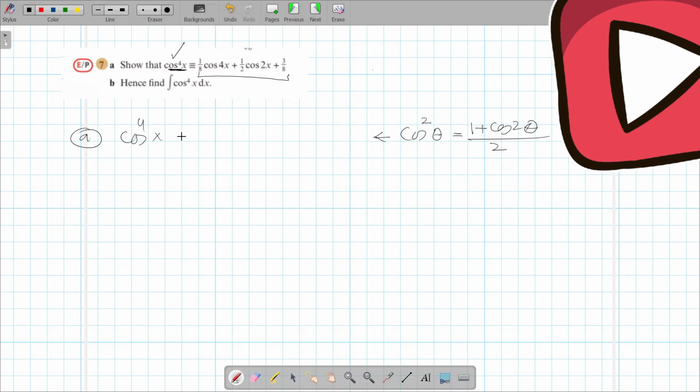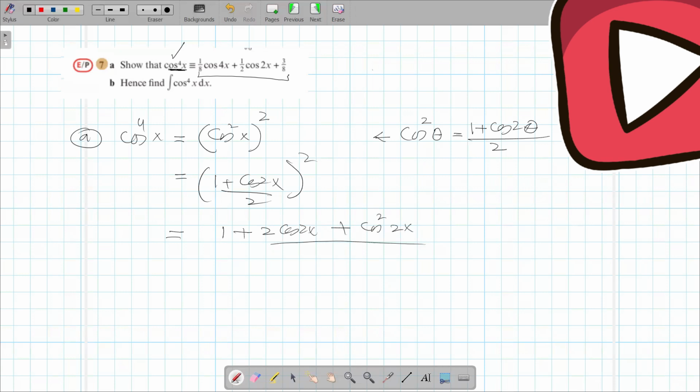So cos square square x, whole squared, and we will put the formula inside: 1 plus cos 2x divided by 2, whole squared. Then square the numerator as well as the denominator. We have two terms in the numerator, so we will use the formula a plus b whole square: 1 square plus 2ab, means 2 cos 2x, plus square of the second term, cos square 2x, divided by 4.